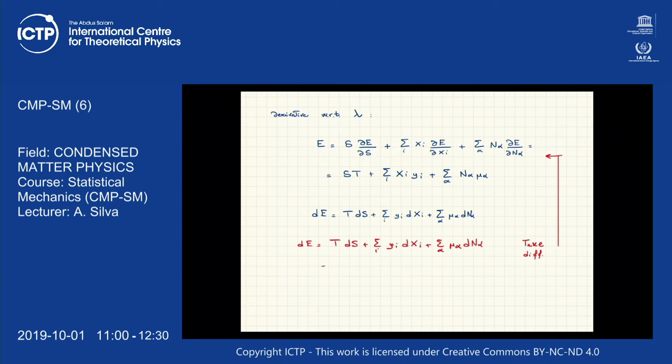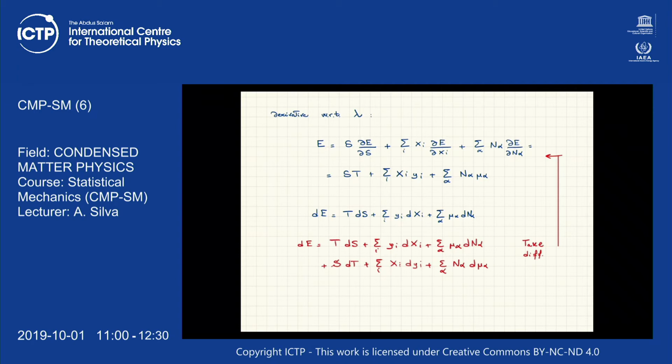And then I will have all the other terms in which I have the entropy and the differential of something intensive. So sum over i xi dyi, sum over alpha n alpha d mu alpha. Okay?